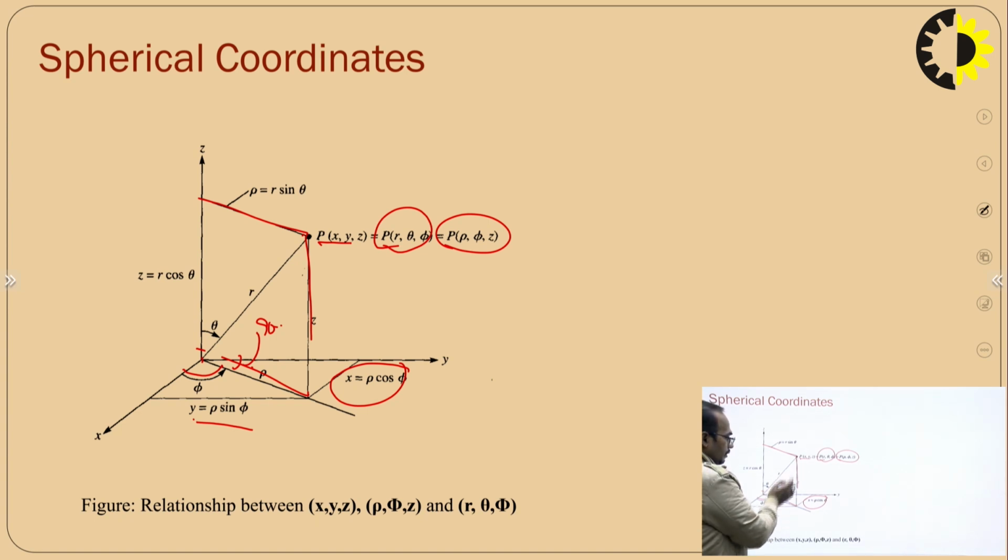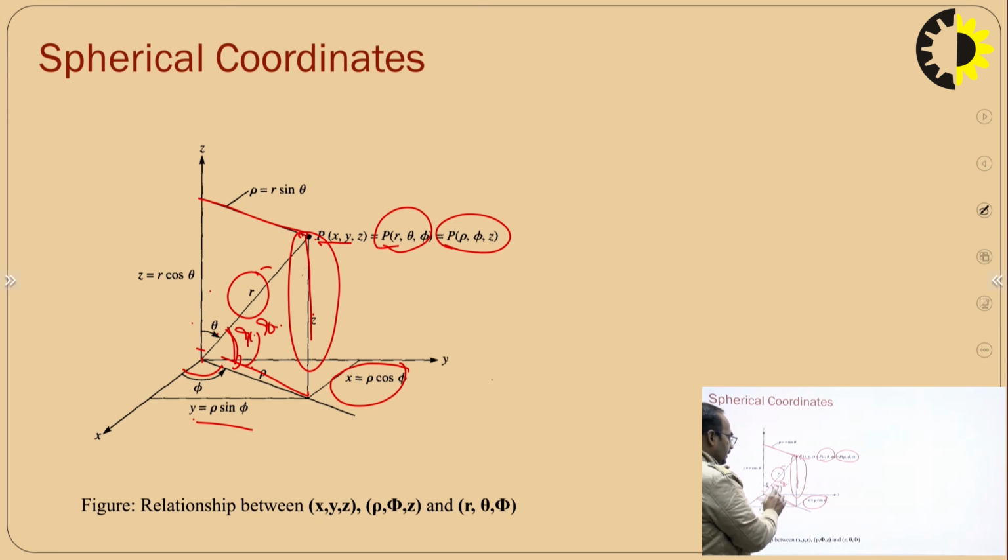And now I am getting the circle. What I have to do? I have to move this point from 0 to pi for getting this sphere. So z is equal to z, and I have to write it in terms of r. The value of this z will be the same. How will I get the value of this z? I have to find this angle, theta. What will be the value?